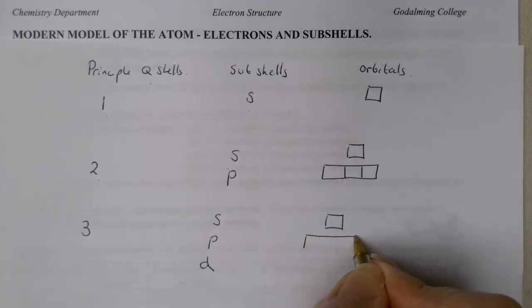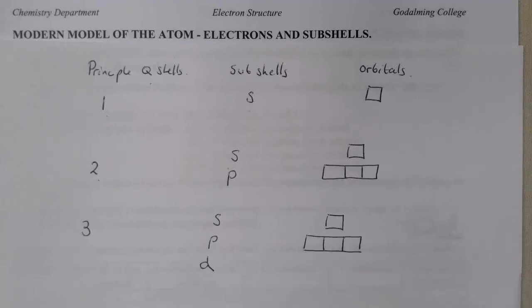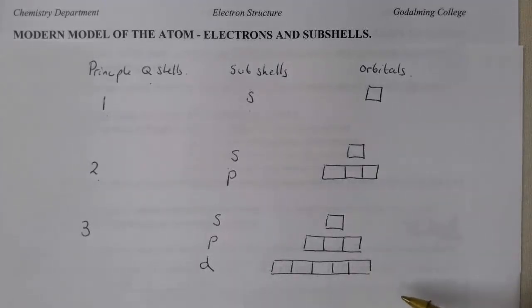And again, doesn't matter which principal quantum shell you are in, you will still get the same 3 orbitals. D is a little more complex, but the D subshell is broken down into 5 orbitals. We could go on and look at the Fs, and the Fs are broken down into 7 orbitals. So that's how we actually break down the electrons, their shells, subshells, and orbitals.